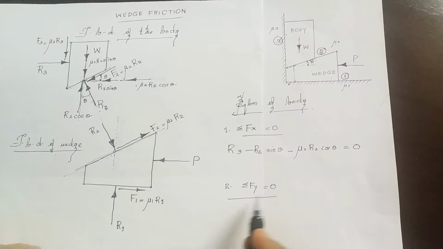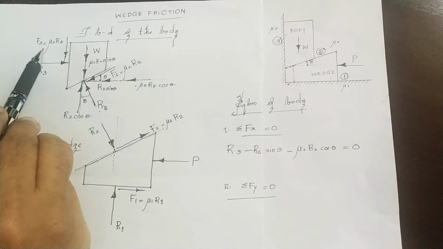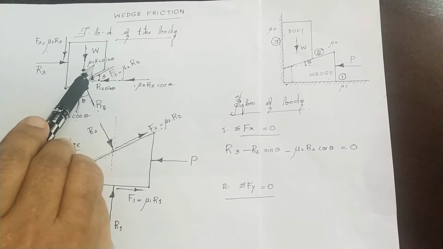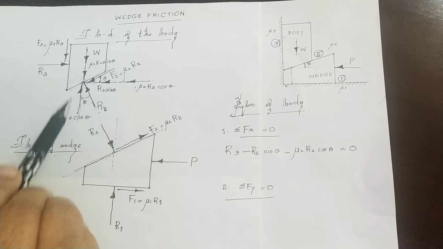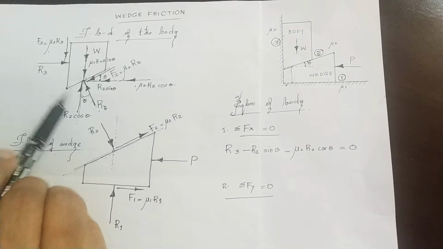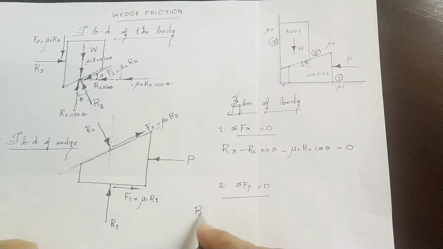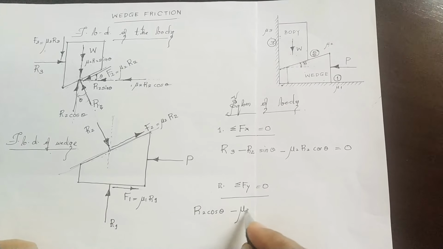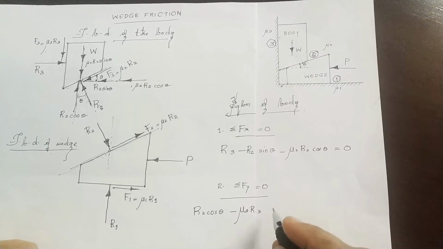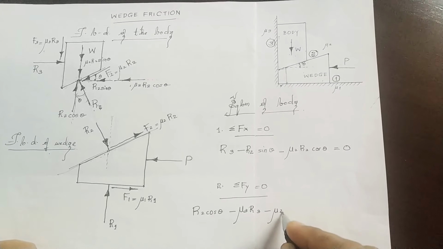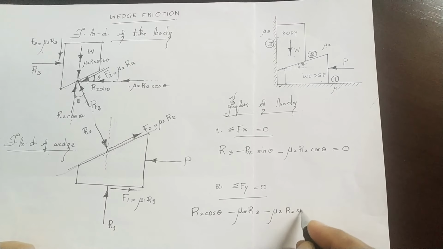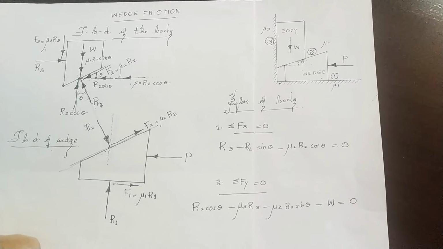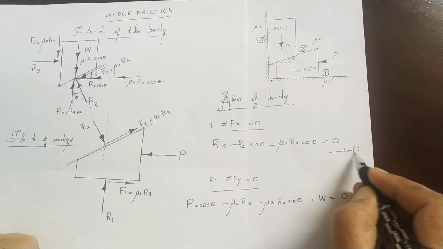Now resolving all the forces vertically, we have mu3 R3 acting downwards, W acting downwards, mu2 R2 sin theta acting downwards, and R2 cos theta acting upwards. So you can write R2 cos theta minus mu3 R3 minus mu2 R2 sin theta minus W is equal to 0. So these are the two equations.